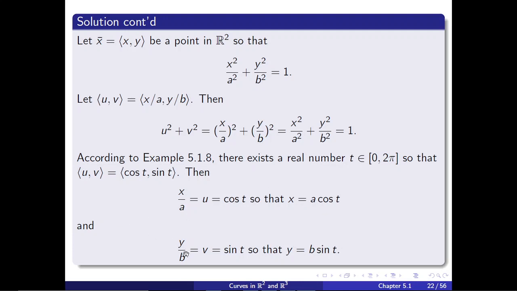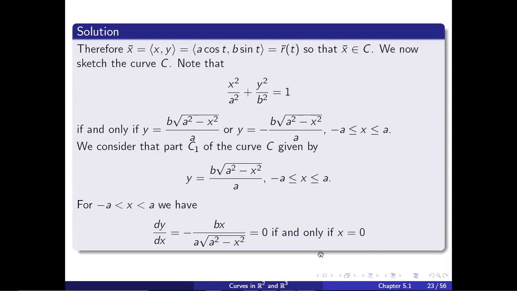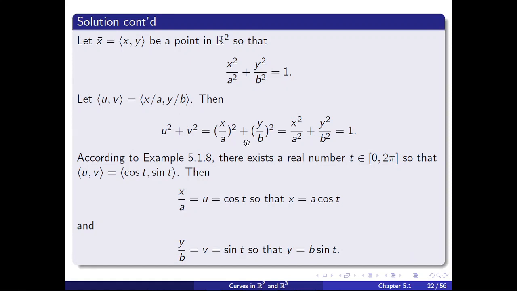And then again, y over b is equal to v, which means that y is equal to b sin t, right? So therefore (x, y) is equal to (a cos t, b sin t), which is r of t, and therefore x is in C. So the if and only if statement that we used, we got it from 5.1.8 to move from here to there.